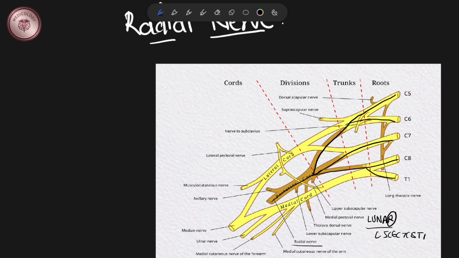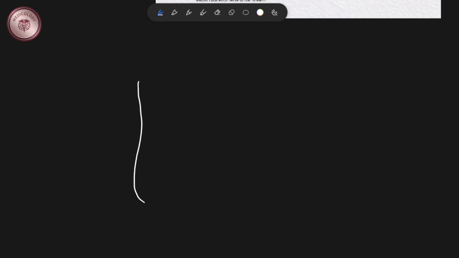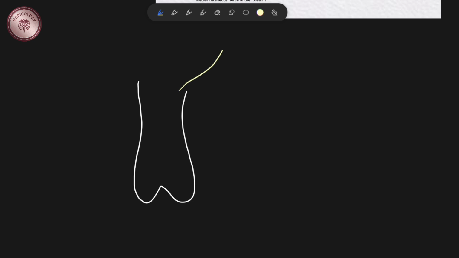Let's see how it runs to our hand. So this is the humerus, and it comes from the axilla. Then in our arm we have one spiral groove, as we all know.